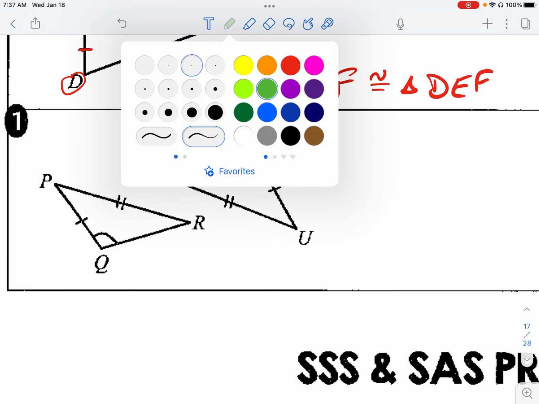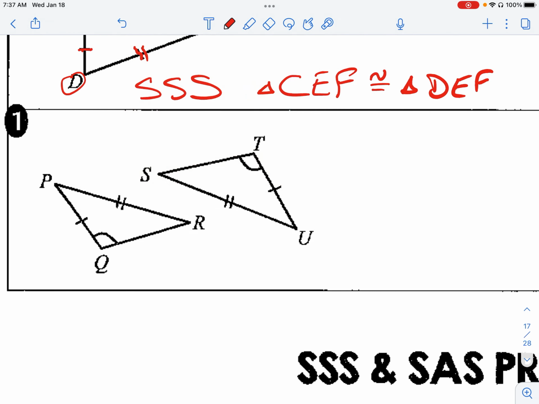All right, making good progress. Here we have a side, second side, a side, a second side, and an angle. But so side, angle, side, but the angle is not between the sides, not congruent.